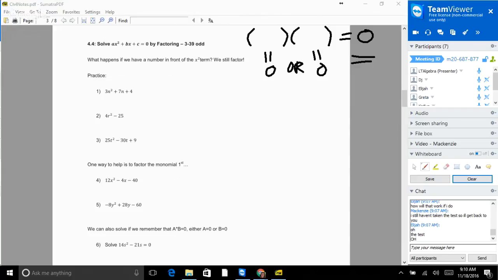You can't multiply 1,000 times negative 1,000. There's no way to get 0 other than one of the two things that you're multiplying having to be 0. So if we can factor these quadratic equations into this form, something times something equals 0, then we can say the two answers are either the first factor is 0 or the second is 0. That's the ultimate goal, right? Not just to torture you with factoring.